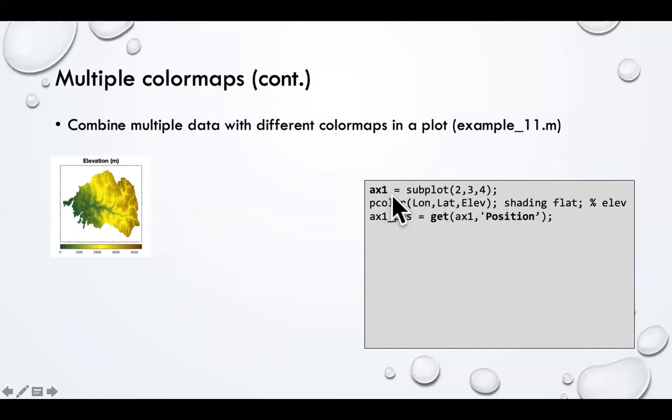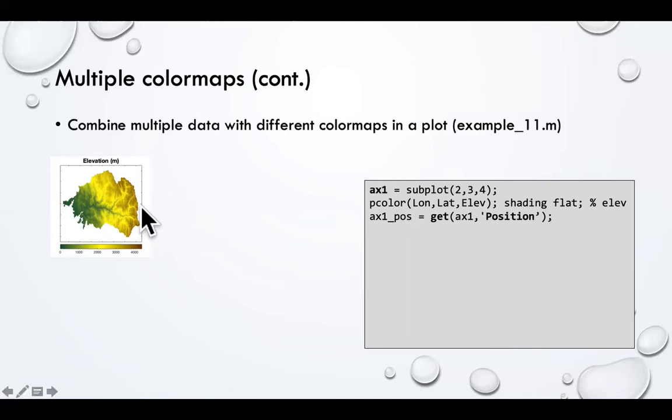The important thing is you need to specify one axis, which is one subplot or one figure. You name it as ax1, and then use the command we already know, like colorbar. This is the elevation. And the very important thing is you need to let MATLAB remember where the map is.